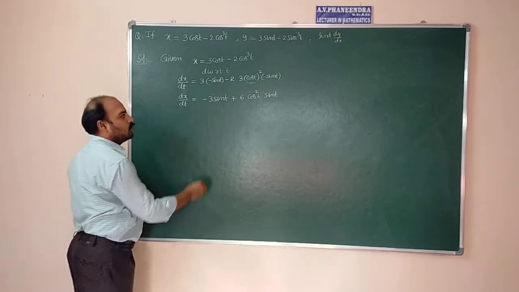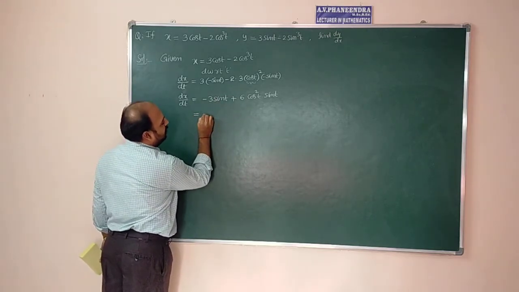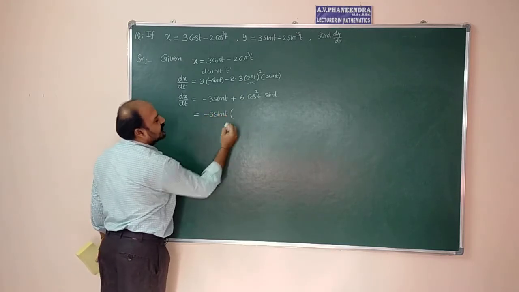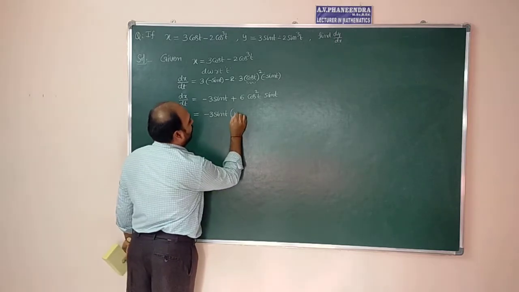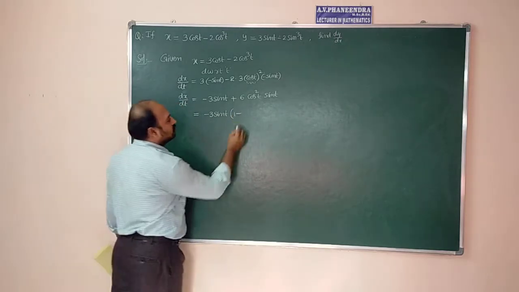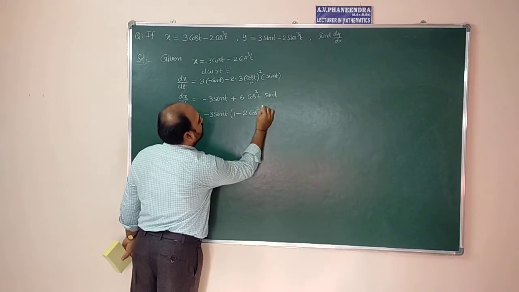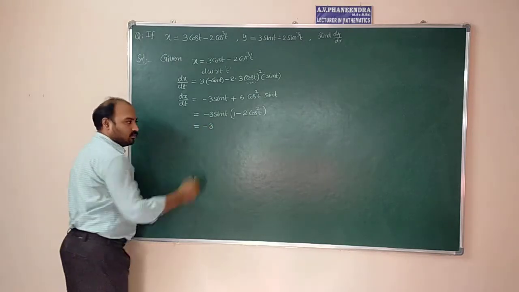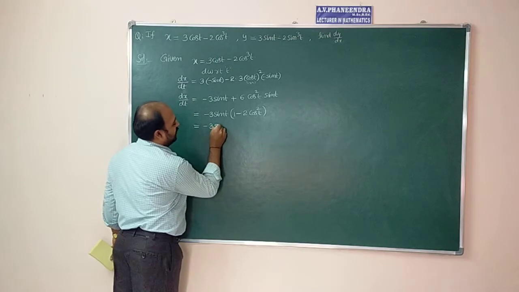After that, you take common minus 3 sin t. If you take common minus 3 sin t, it will become 1 minus 2 into cos square t, which is equal to minus 3 sin t.